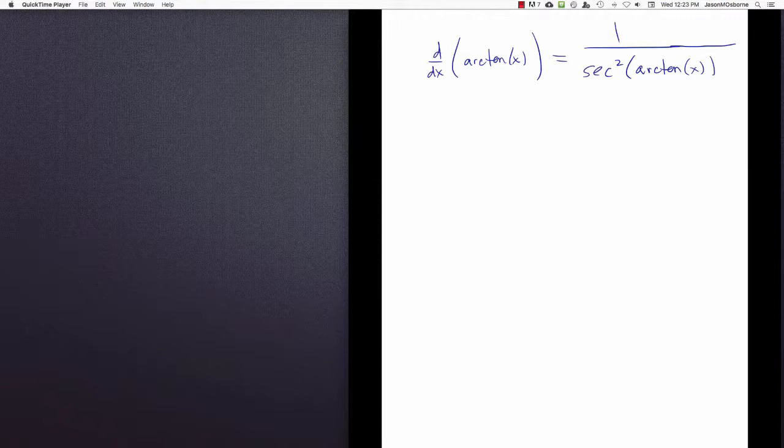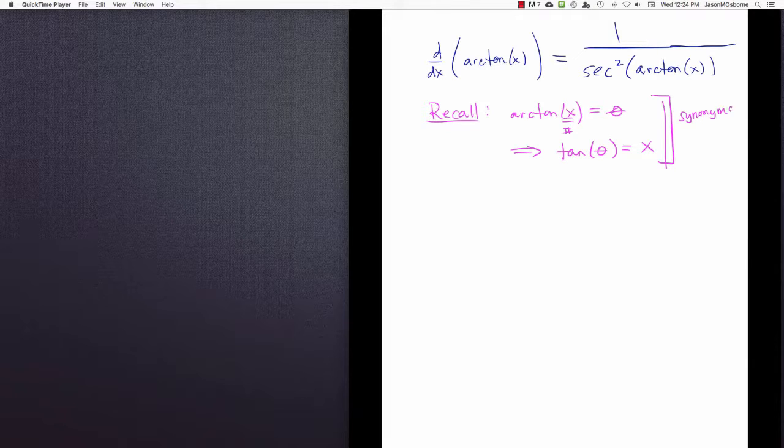Now here's where we need to recall a little bit of trig: arctangent of x is equal to some angle theta, which is the same thing as saying the tangent of some angle is equal to x. These say the same thing. These are synonyms, let's say.